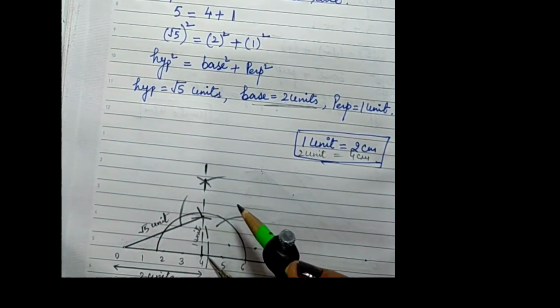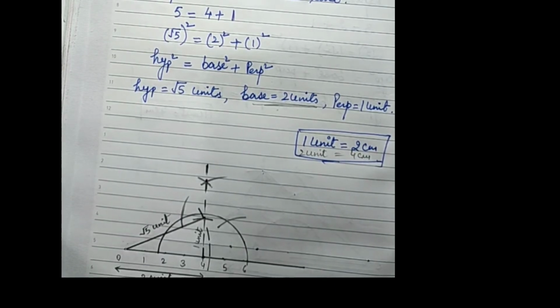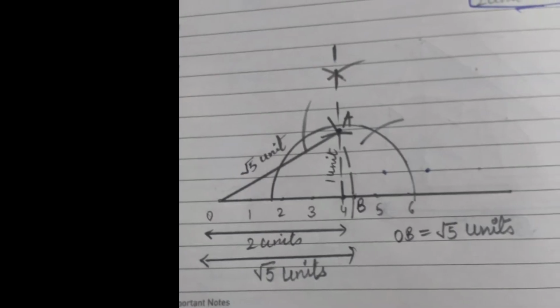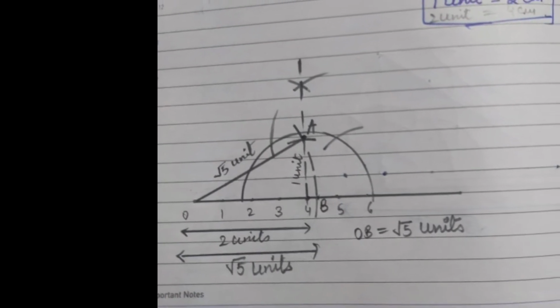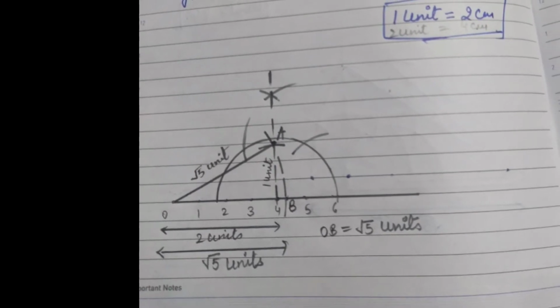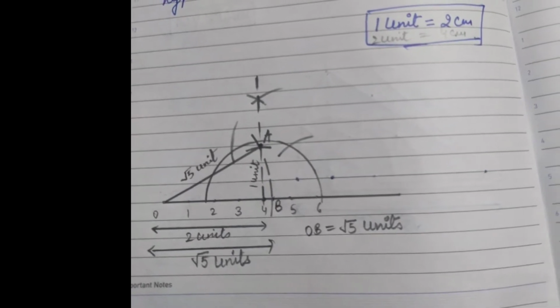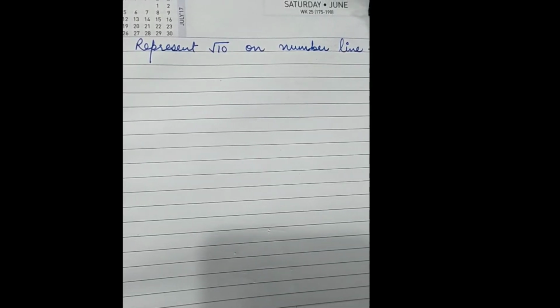So here is the required root 5 on number line. Hence hypotenuse, that is OA root 5, has been represented on number line in the form of OB, which was the required length.